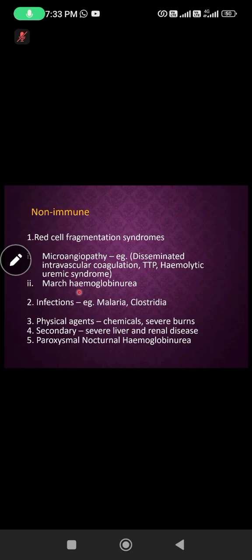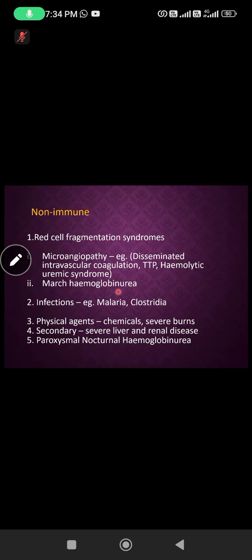The second one is March hemoglobinuria. That is different, but the terminology is not fully understandable. When you walk or when you run, when you march, because of this physical action, red blood cells undergo hemolysis intravascularly in your lower limbs.